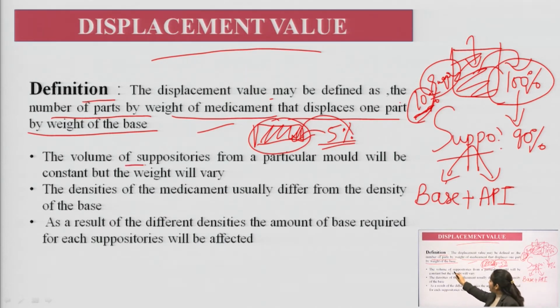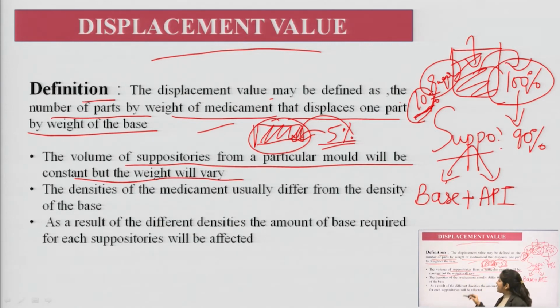The volume of suppositories from a particular mold will be constant, but the weight will vary. Definitely the volume of the mold in which we are making the suppository is going to remain the same, because volume is not going to change. However, there is going to be a change in the weight of the suppository. Initially, let us take an example, if the weight of the suppository was 20 gram, but that 20 gram was everything of that base only.